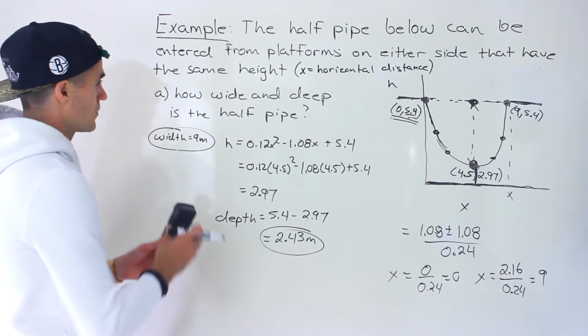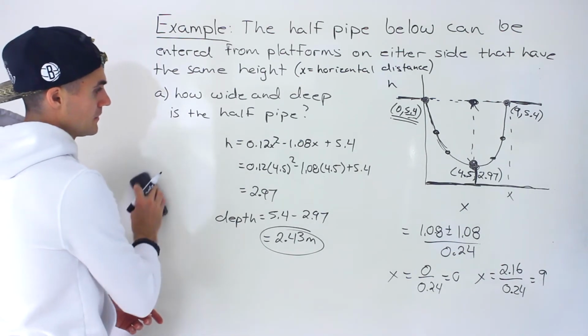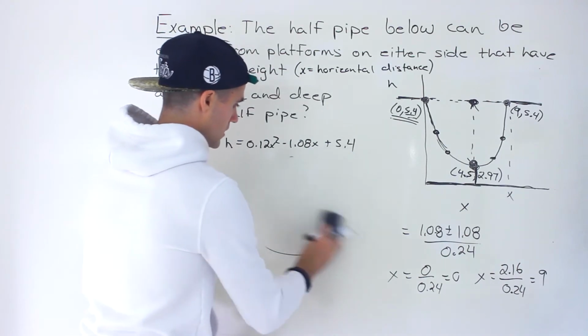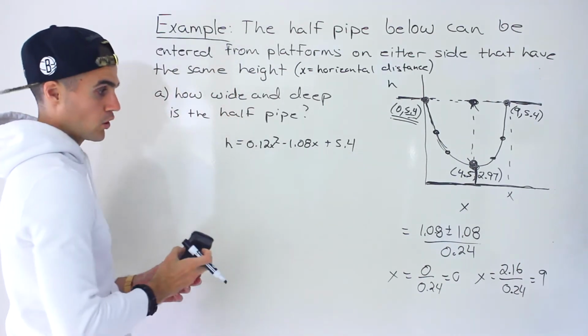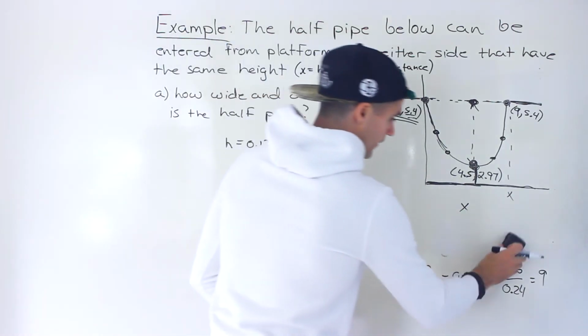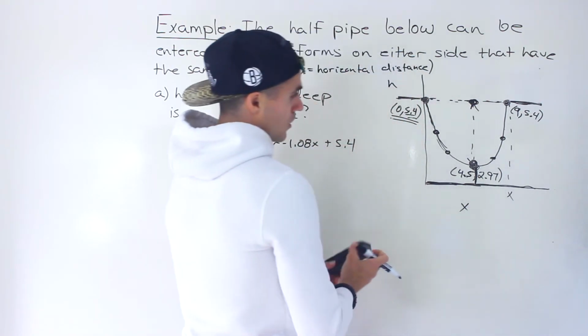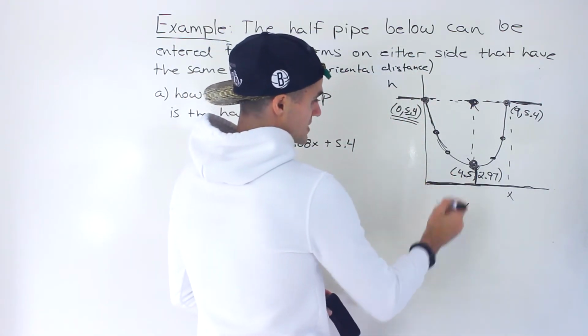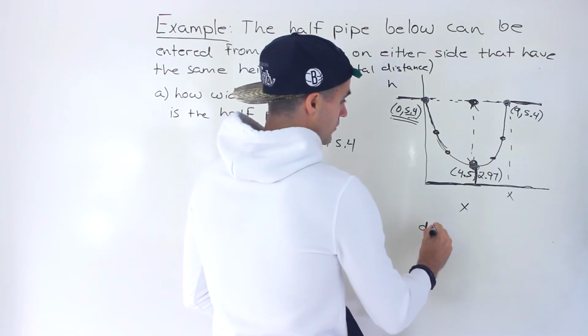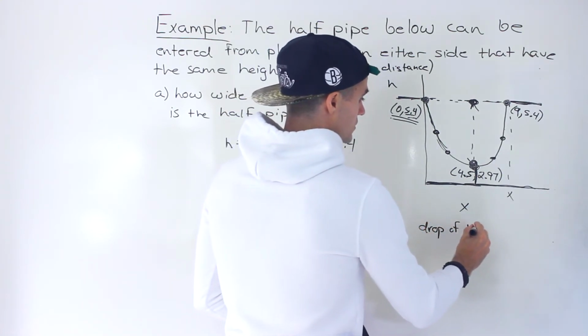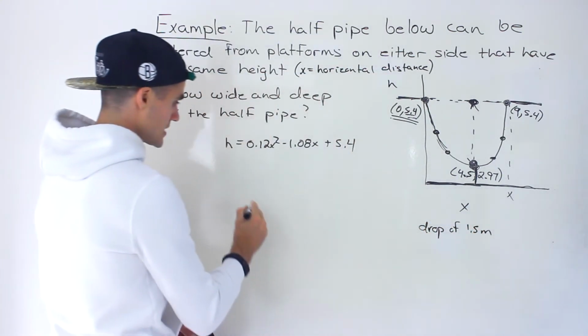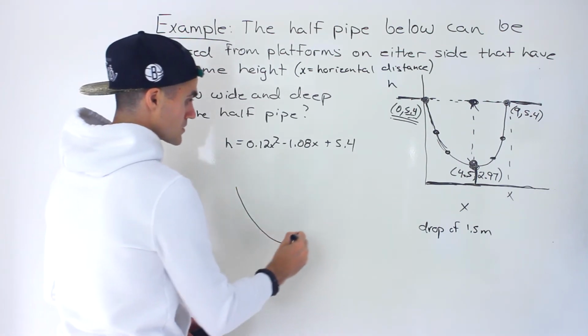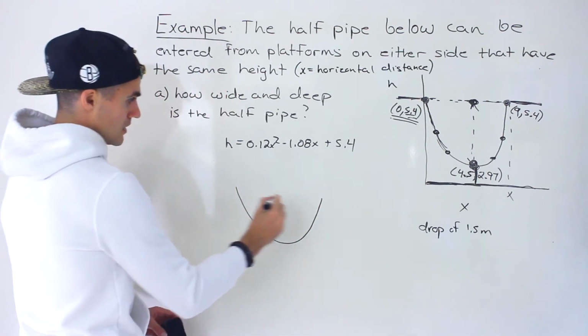Now moving on to part B. So part 1 of part B in question 1, what they're asking for is, what's the horizontal distance for a drop of 1.5 meters? Now, what do they mean by a drop? They basically mean, let me draw another diagram here. This one's starting to get a little bit messy.